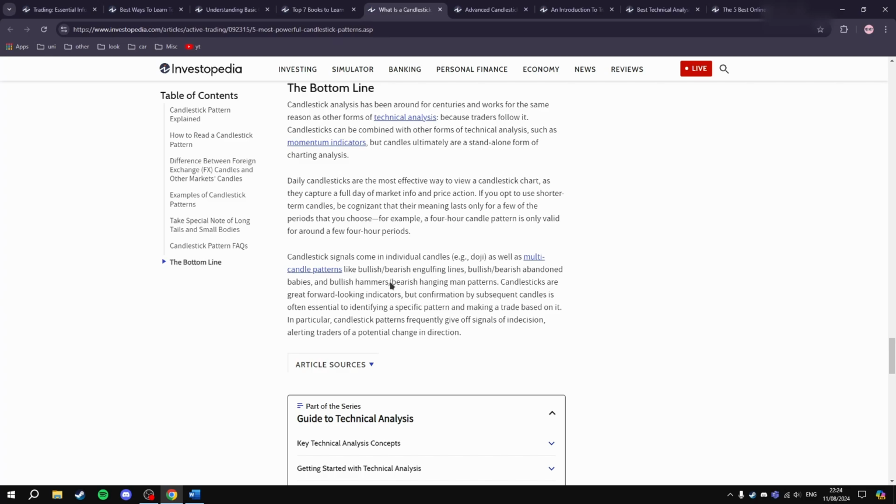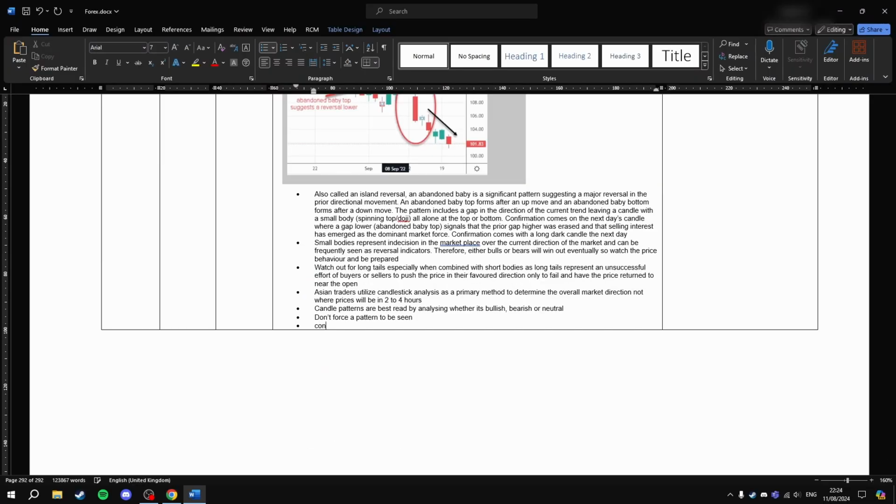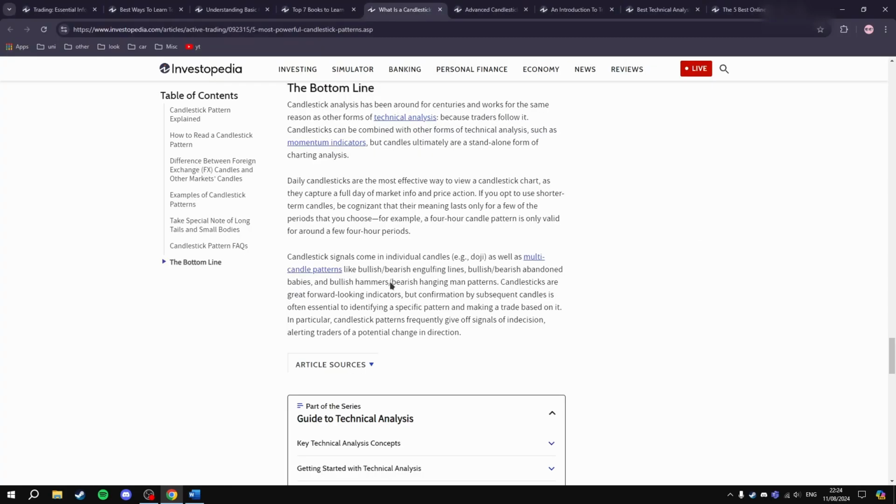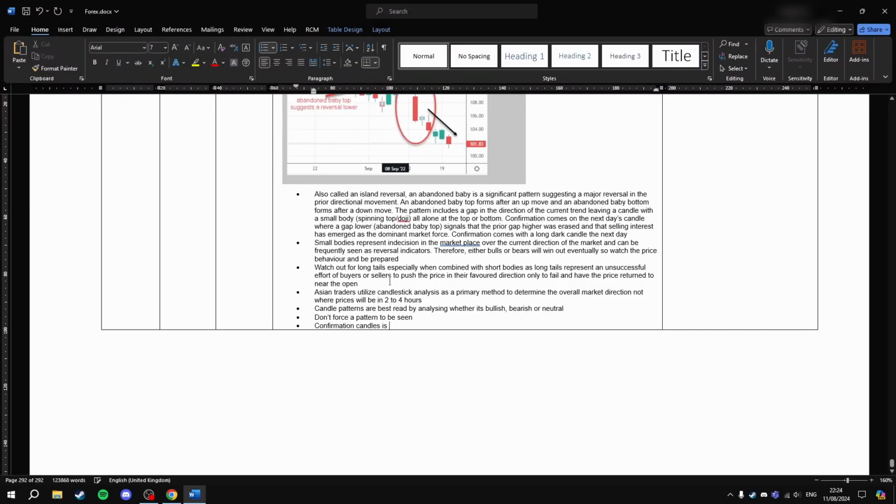In particular, candlestick patterns frequently give off signals of indecision, alerting traders of a potential change in direction. So confirmation candles is often essential when identifying patterns.